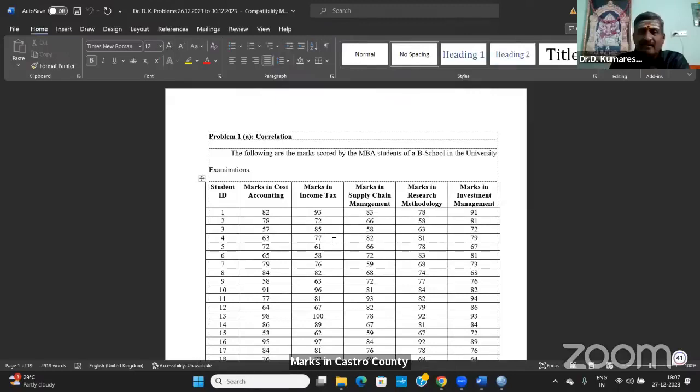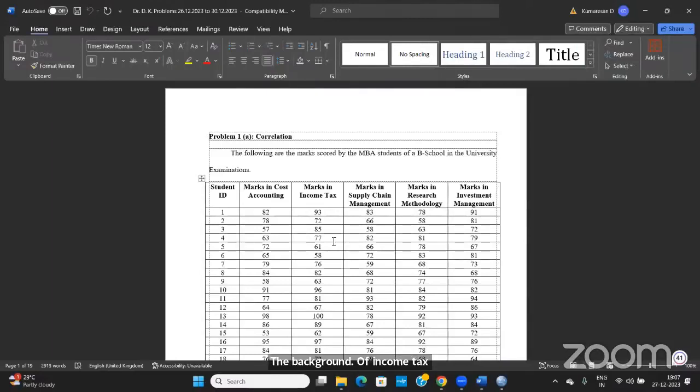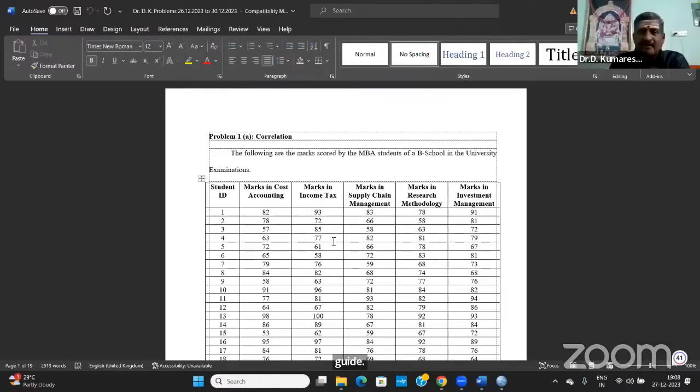But you couldn't find the income tax paper of that particular student. What to do? Okay. So, the value of one variable is known.